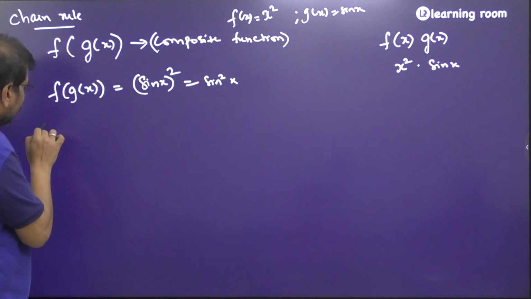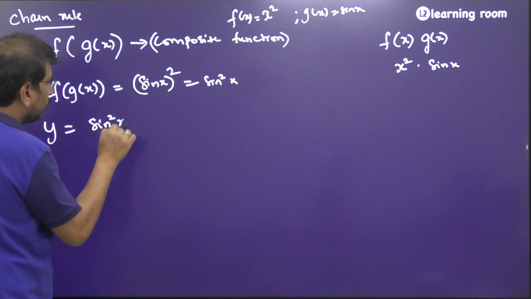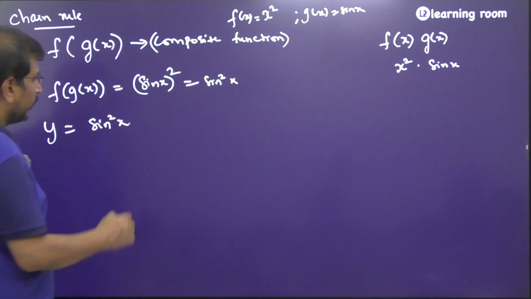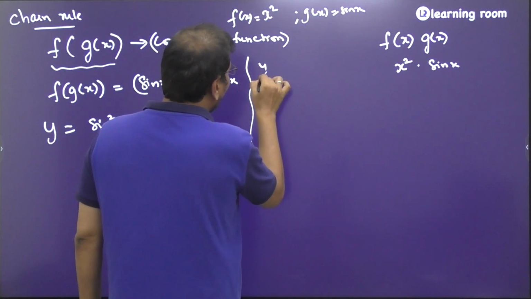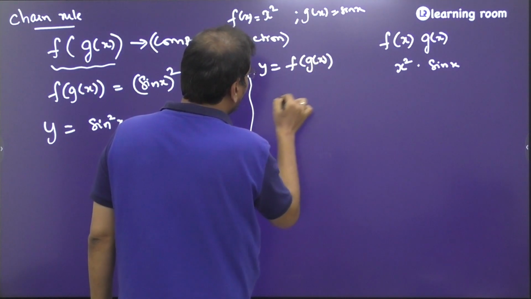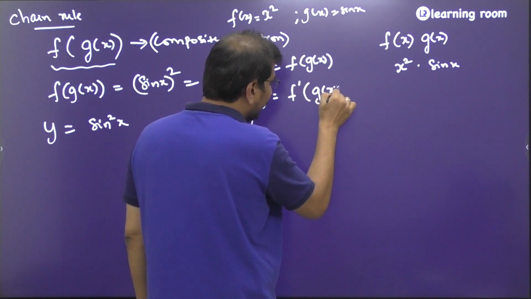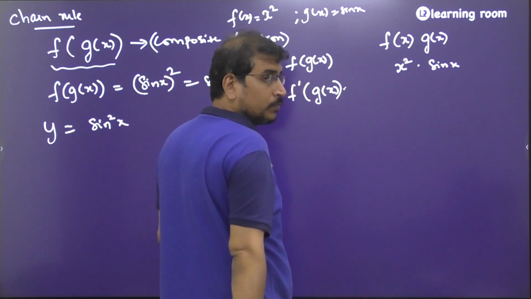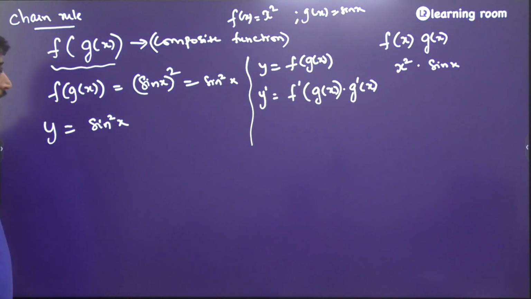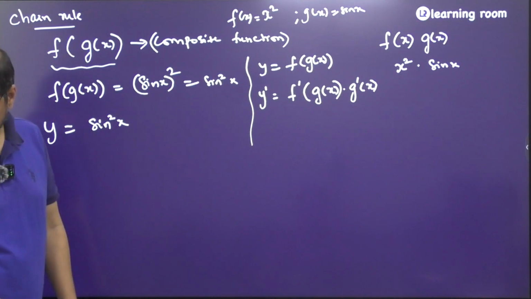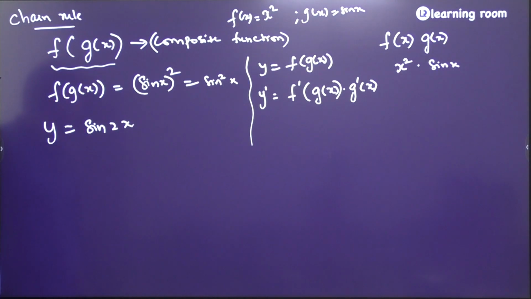Listen. So for example, I have this sin square x. Y is equal to f of g of x, so y dash will be f dash of g of x into g dash of x. Okay, let me simplify it. Say you have y is equal to sin 2x, for instance.